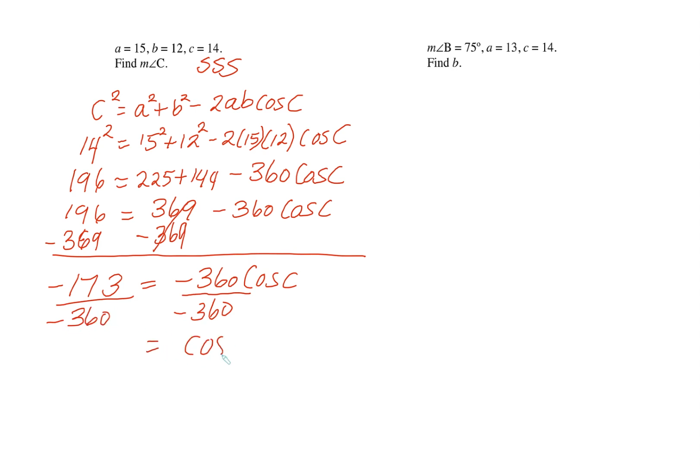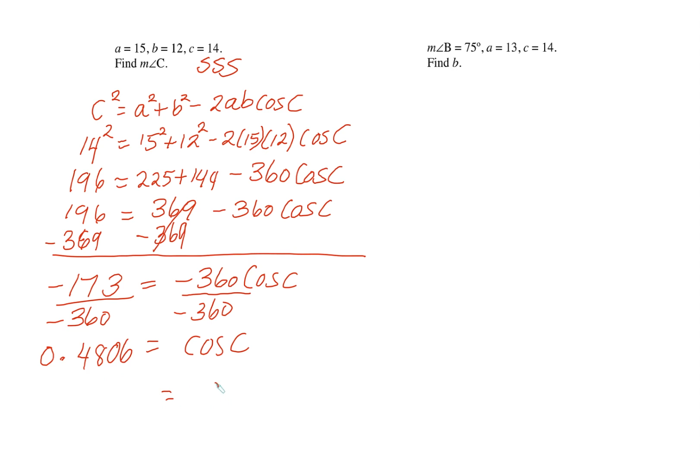So I have cos C, and I know two negatives give me a positive, so my answer is going to be positive: 0.4806. I'm only going to go to 4 decimal places.